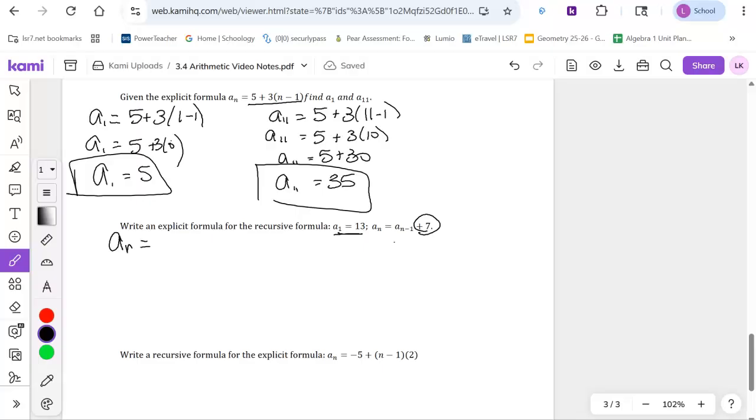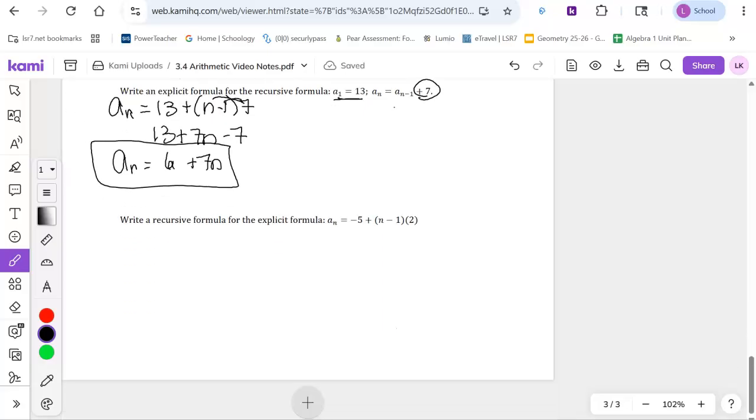So a sub n equals 13 plus n minus 1 times 7. We're going to simplify this, multiplying the 7 throughout. So 13 plus 7n minus 7. So a sub n equals 6 plus 7n.